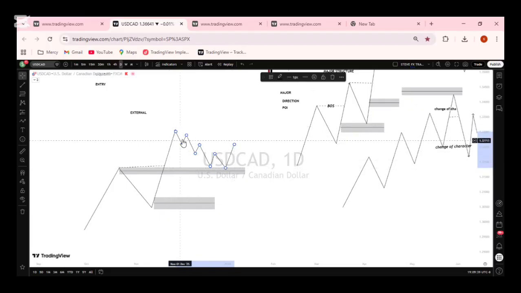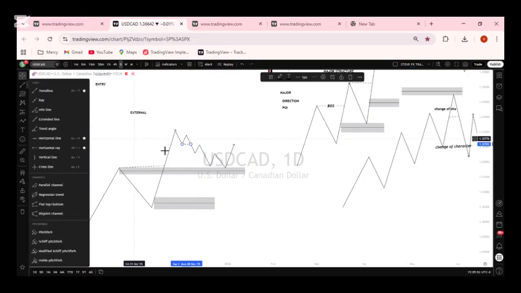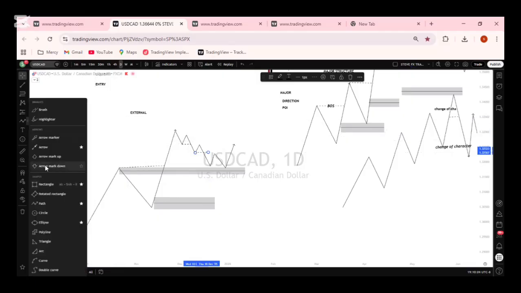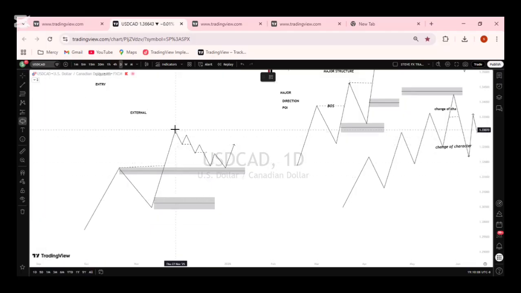So when you go to our lower time frame and we see the break of structure that is happening, although we are seeing a break of structure from our external structures, that break of structure does not control the direction of the market.